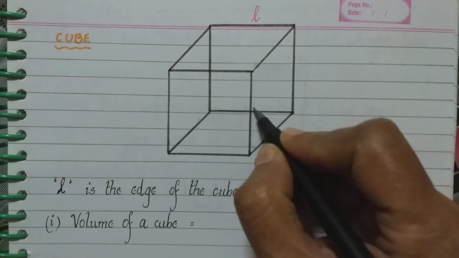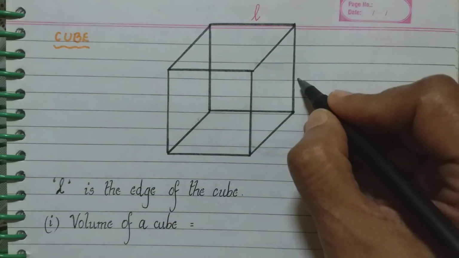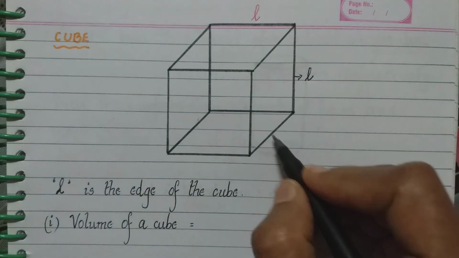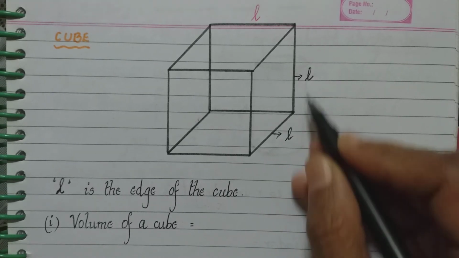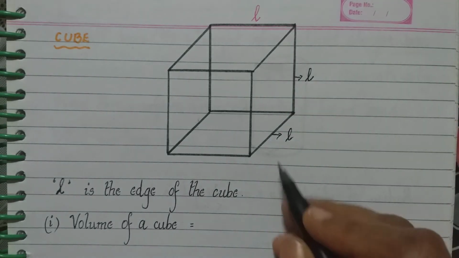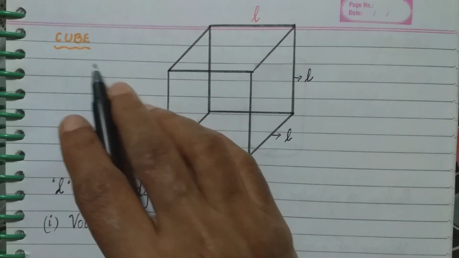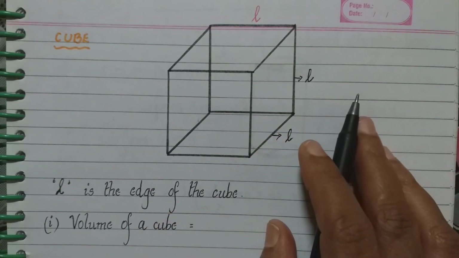Whether we are talking about this edge, or this edge, or the base, this also will be L. So all are L itself. So L is the edge of the cube, or we can say that cube is a cuboid where L equal to B equal to H.